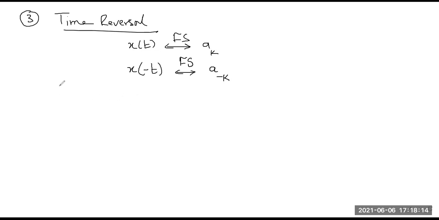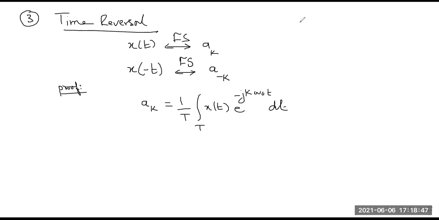So let's prove this property. A k is equal to 1 over T times the integral of x of t e power minus j k omega naught t, and this is the corresponding Fourier coefficient.